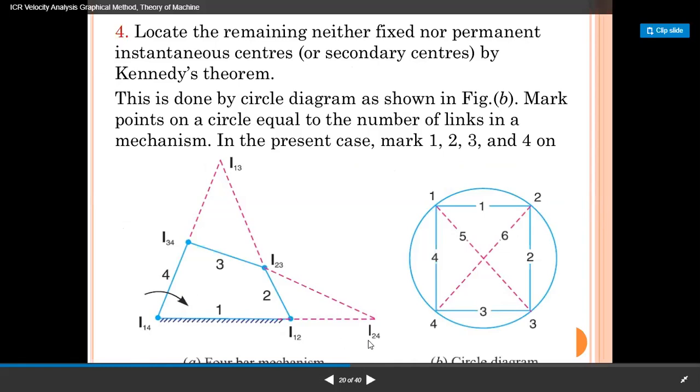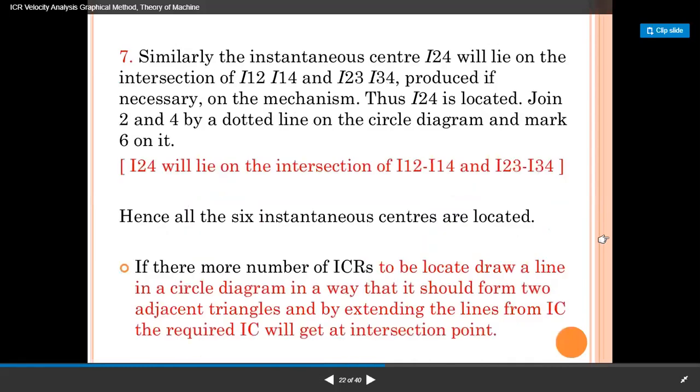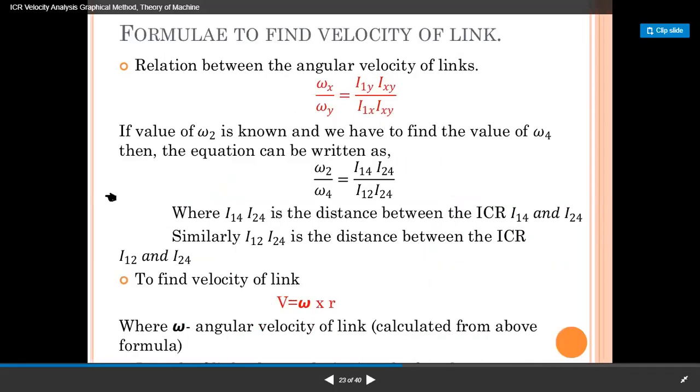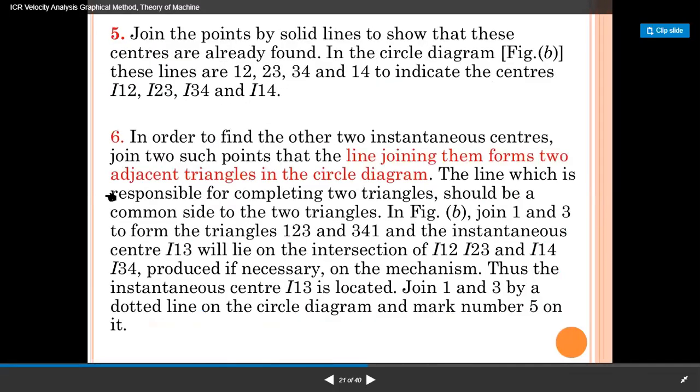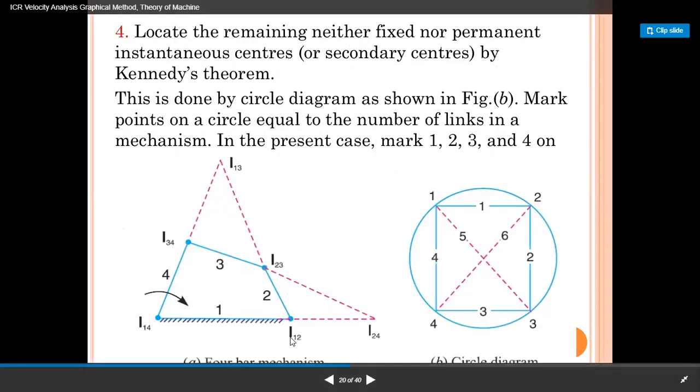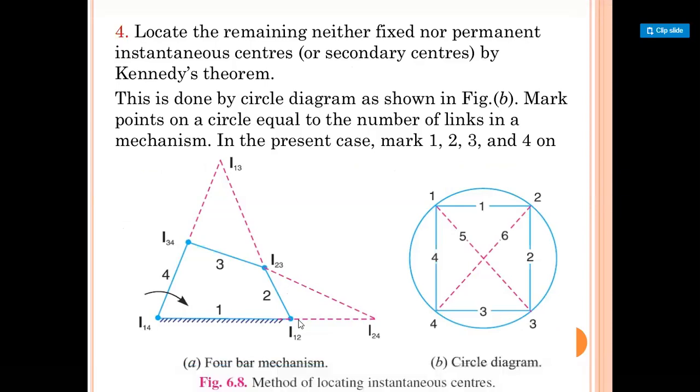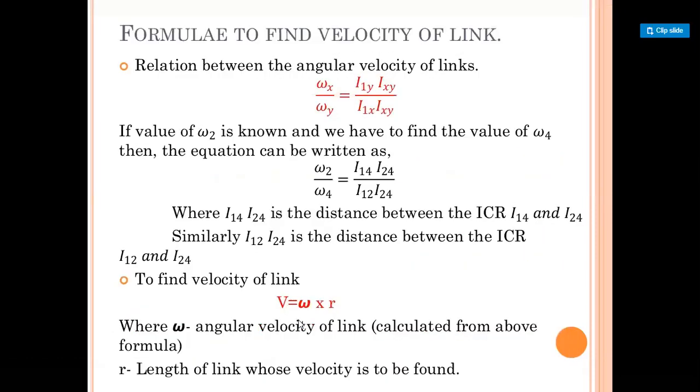This total distance divided by I12 to I24. Right? This distance. So we can find the angular velocity of the link.